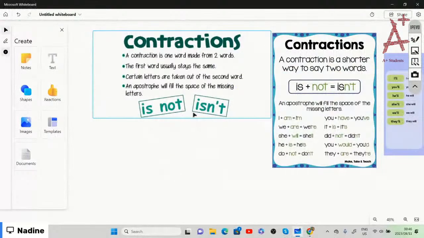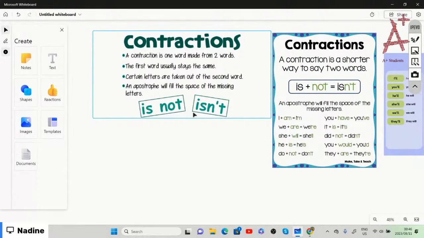It is a shorter way to say two words, right? It's basically like you putting those two words together, and then you are leaving out certain words and certain letters. And whatever letters you are leaving out, you need to put an apostrophe in the space of those missing letters, right?